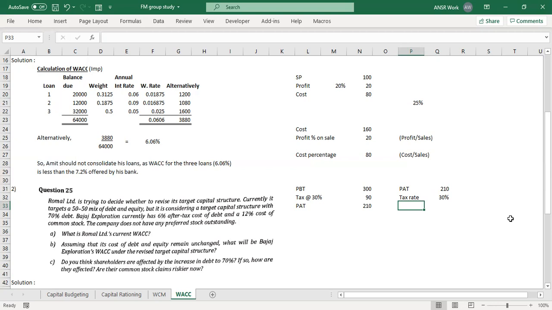Just do it in exactly the same way. Tax rate, we said 30%. So if tax is 30%, what is 70%?